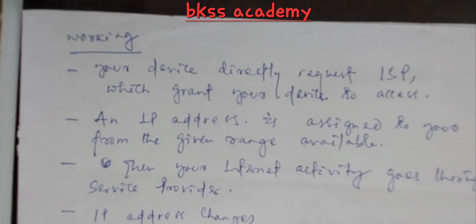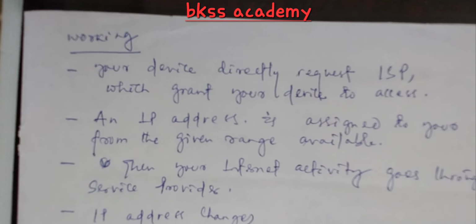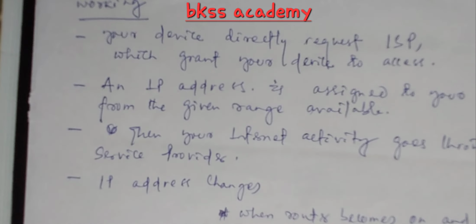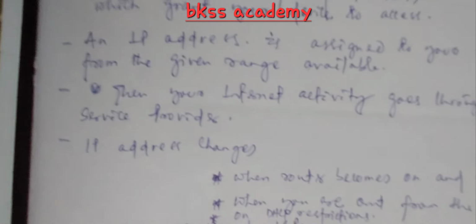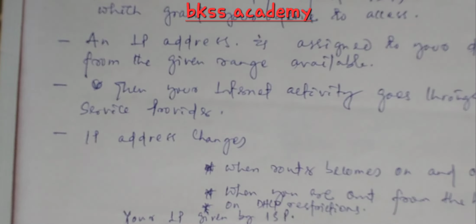The working principle is like this: your device directly requests the ISP, which grants your device access. An IP address is assigned to your device from the given range of available addresses. Then your internet activity goes through the service provider.